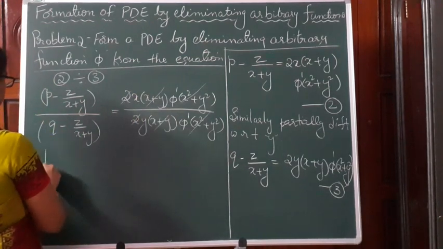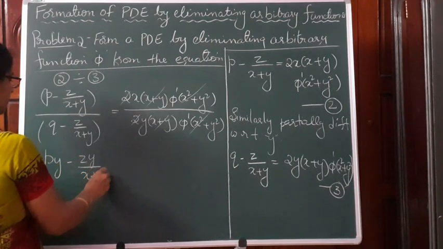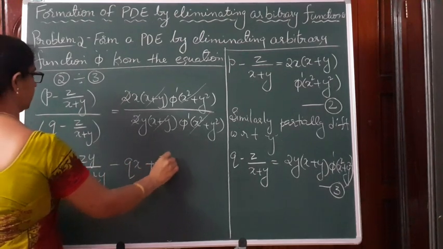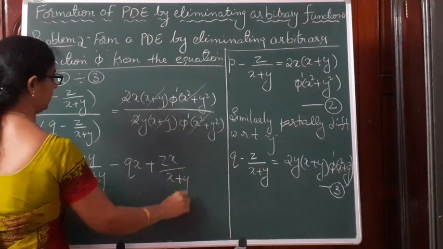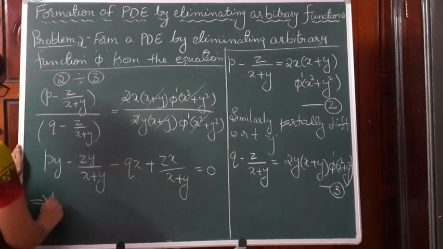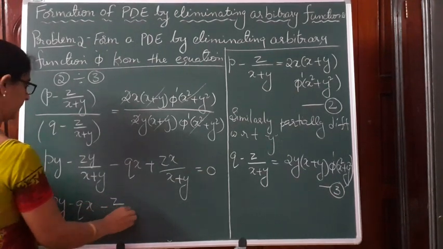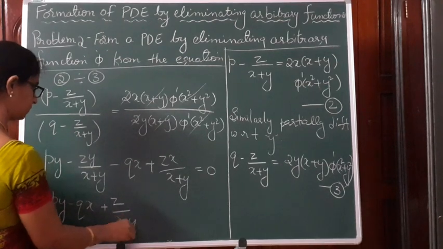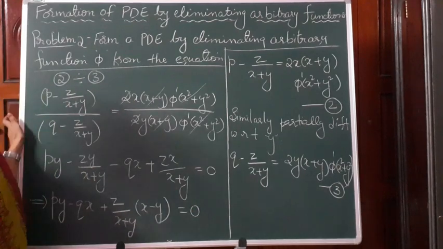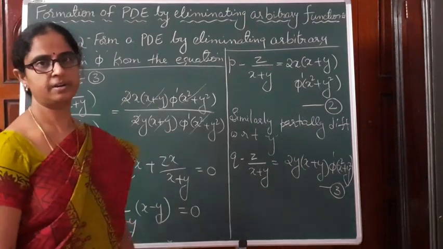Cross multiplying we get py minus zy by x plus y minus qx plus zx by x plus y equals 0. That is, py minus qx plus z by x plus y into x minus y equals 0, which is the required partial differential equation obtained after eliminating the arbitrary function phi.